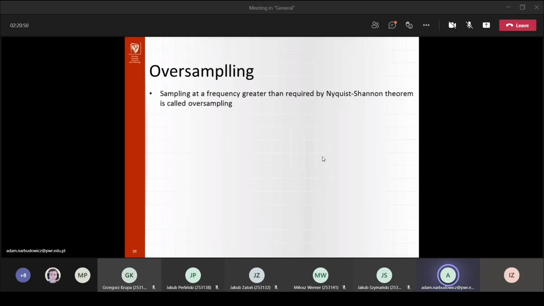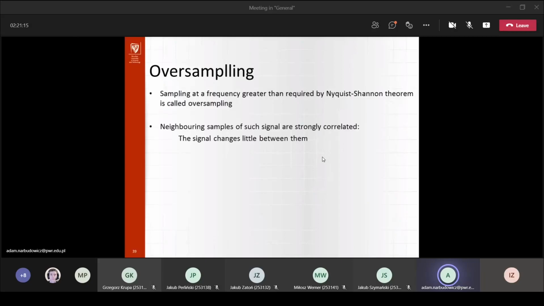So what is oversampling? Oversampling is just one form of what we talked about earlier. And basically oversampling leads to redundancy. Okay, because again, you are using up more information than the minimum necessary.